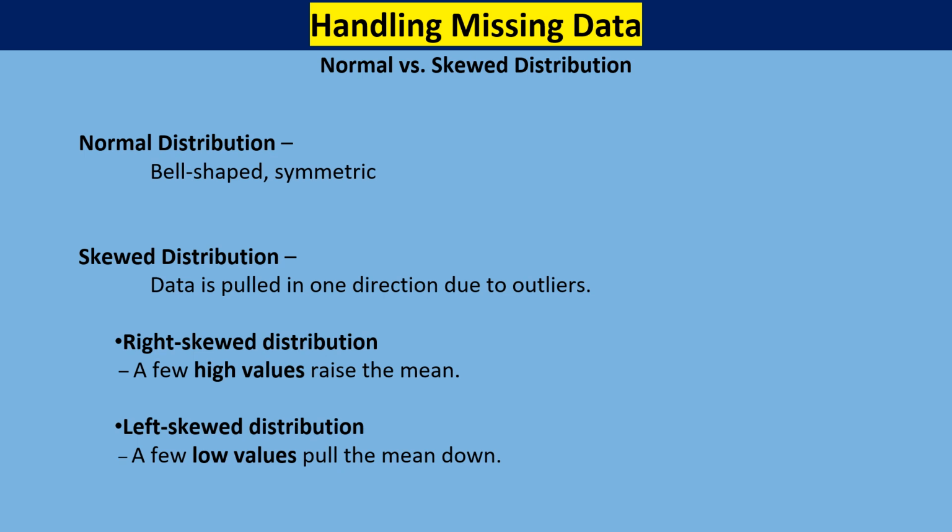For example, income distribution in a company is right skewed because a few executives earn very high salaries. If a few billionaires are included in salary data, the mean salary may appear high, but the median remains realistic.